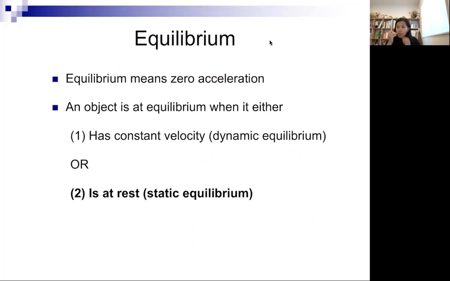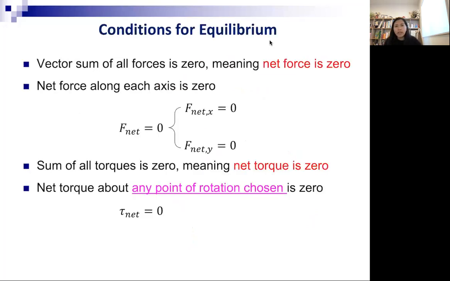Right, so we've been talking about equilibrium and forces. As I've mentioned earlier, equilibrium is when you have zero acceleration, your object is either at rest or moving with the same speed and in the same direction. You can only have equilibrium if the net force is zero.